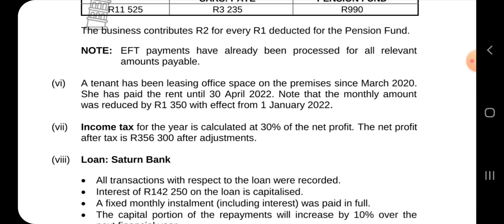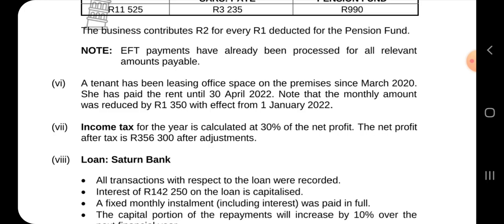So what we will do, we will have to find out for how many months the 1,350 applied. We'll start from the 1st of March until December, because in January the decrease took effect. So we'll say March, April, May, June, July, August, September, October, November, December.